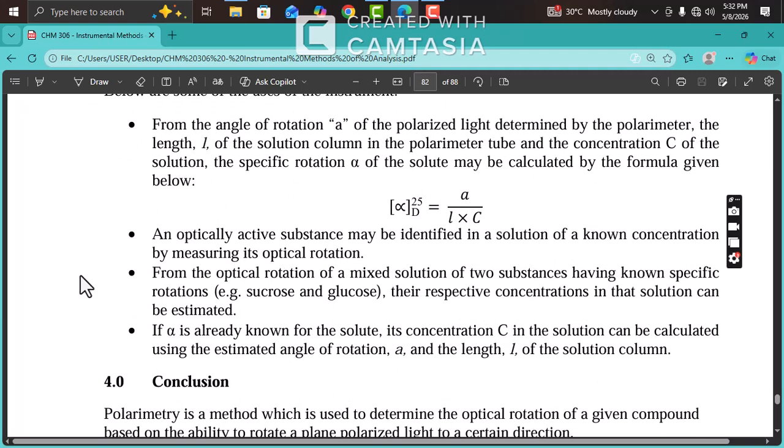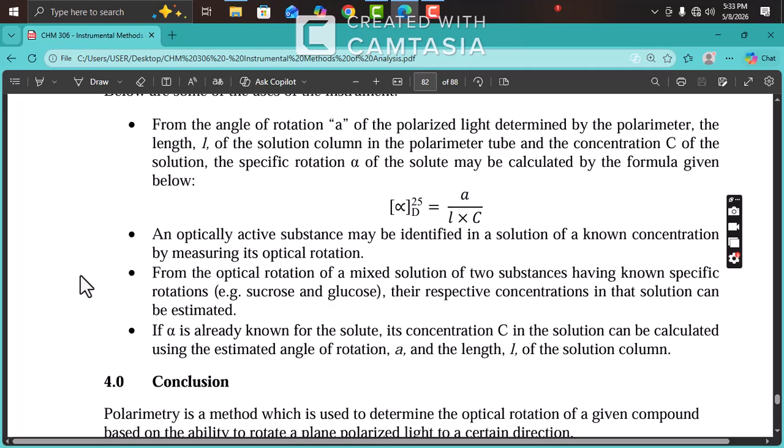Next, from the optical rotation of a mixed solution of two substances, for instance sucrose and glucose, you can know their respective concentrations. That means you have mixed sucrose and glucose, but with a polarimeter, you can know the concentration of sucrose and also the concentration of glucose.